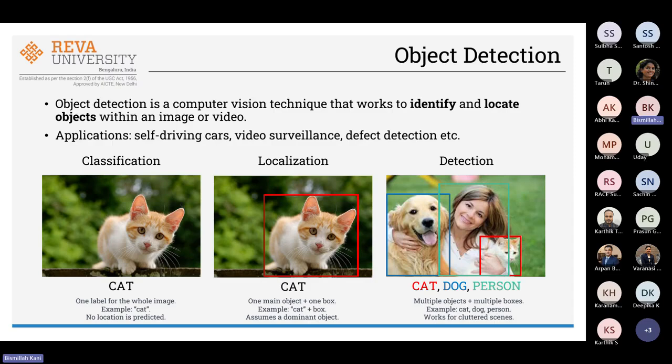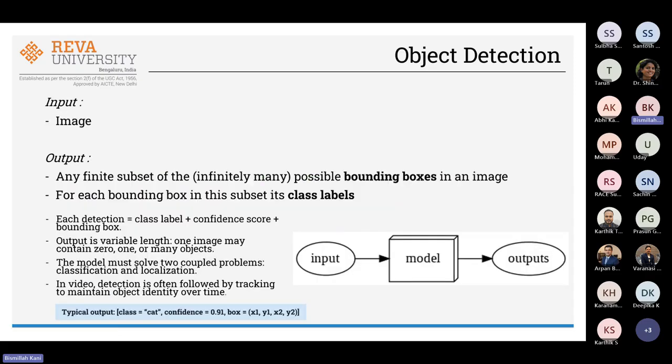So it will output the coordinates of this blue box and say it is associated with dog, the coordinates of this green box and say it is associated with person, and the red box will have its own coordinates and be associated with cat. In this case it is just 3, but it can be more than 3. There is a finite number of bounding boxes that it can output.